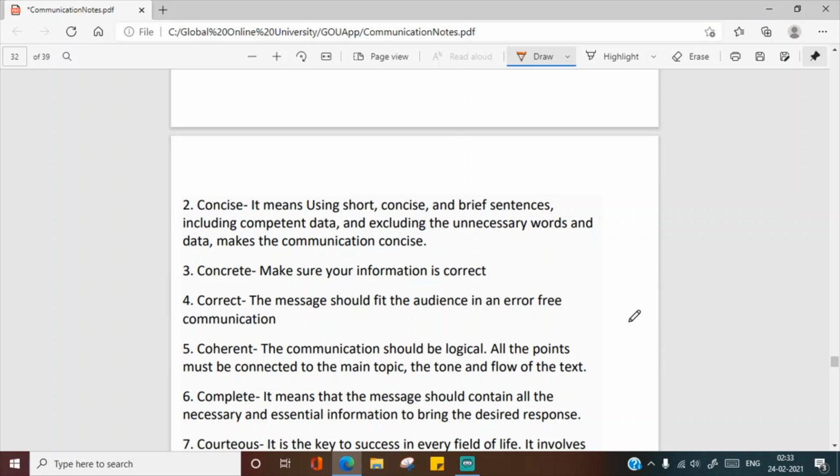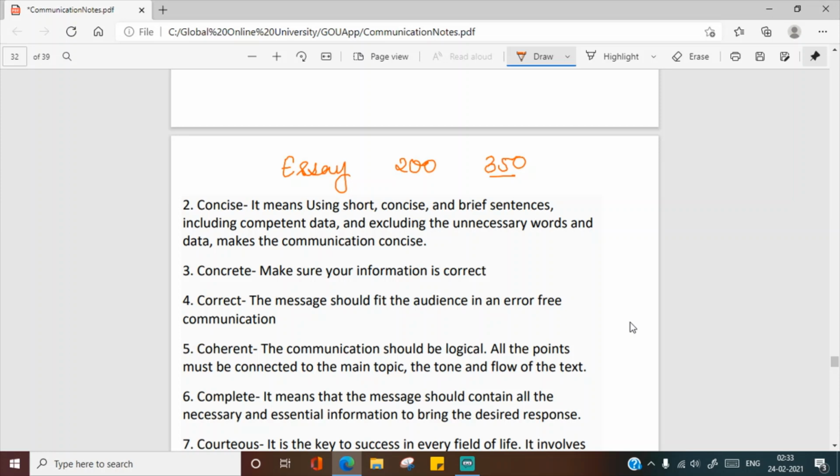For instance, if we write an essay and the teacher has given us 200 words for writing an essay, if you write 350 words, that will not fetch you good marks.